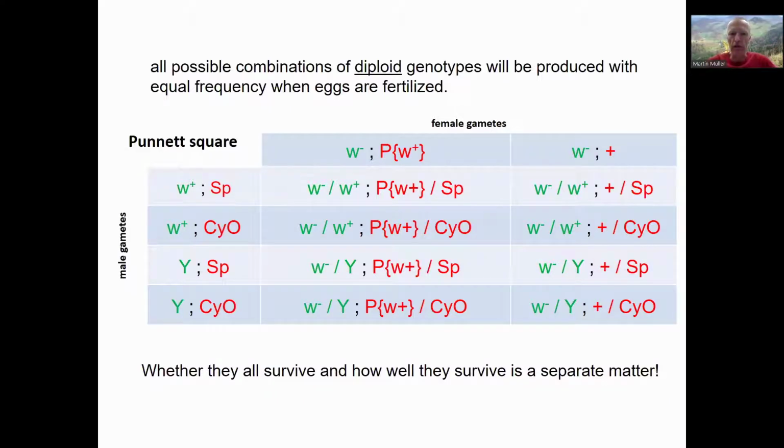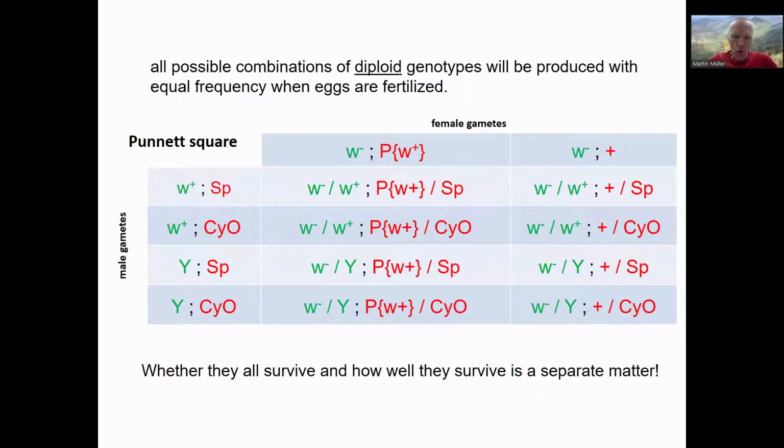Let's say if you would have 2 curly balancers in the cross, if also the female would have had the curly, then curly over curly would be lethal. So you would never see the phenotypic outcome of that particular genotype. So that's why I write here whether they all survive and how well they survive is a separate matter.